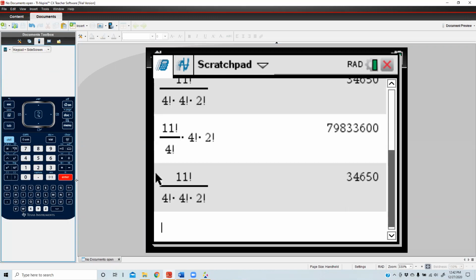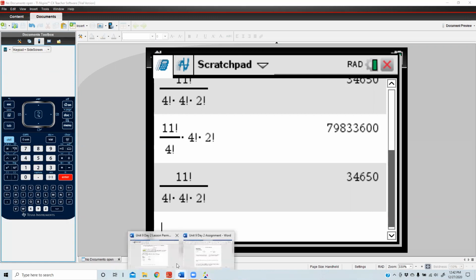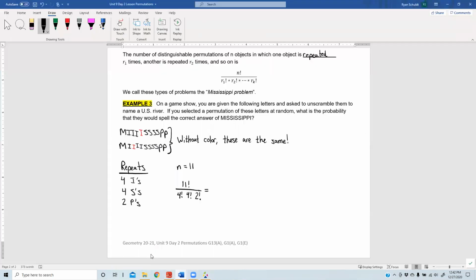Hit enter. Boom, gave us the right answer. Make sure you put your parentheses. So 34,650 is the answer. That's how many unique ways there are to arrange Mississippi.